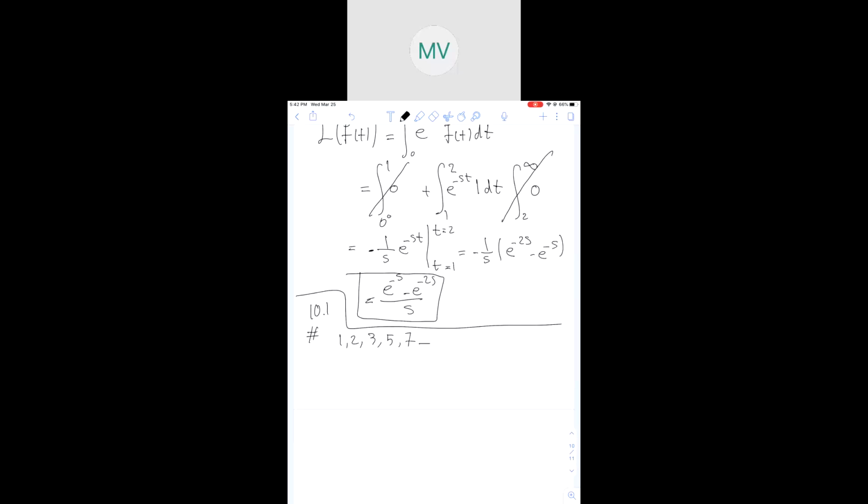Then 7, you can do the following ones all the way through 10, 11, 12, 13, 14, 15. You can do these ones.